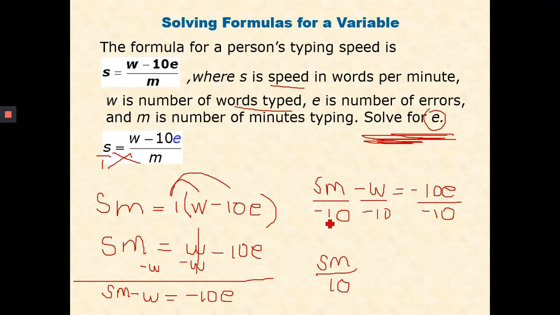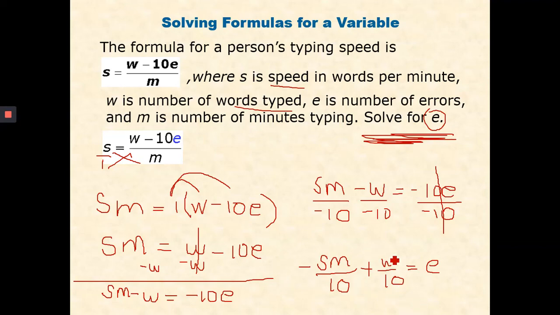Positive divided by negative, that is negative. Then, negative divided by negative, that will be positive. W over 10 is equal to negative 10 divided by negative 10, that is 1. So you now have here E. Okay? So, the value of E is equal to negative SM over 10 plus W over 10.